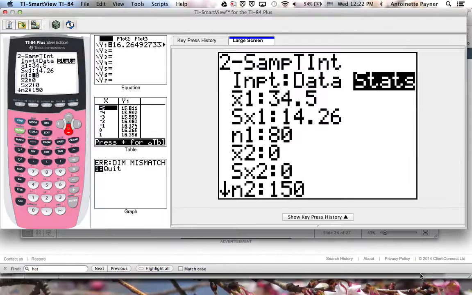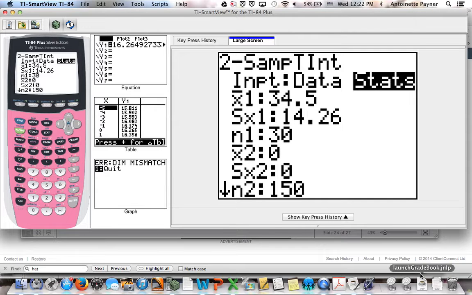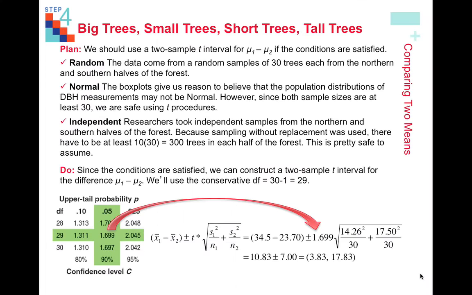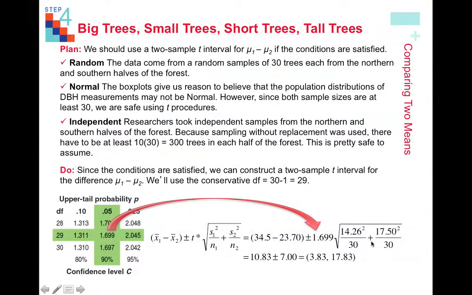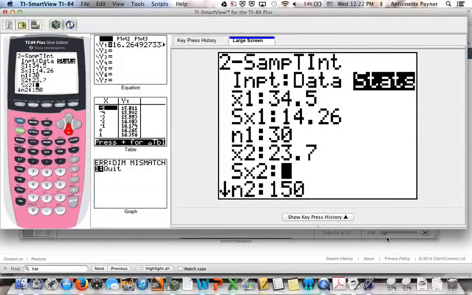The sample size is 30. The x bar for the next one is 23.7. The standard deviation for the next one was 17.5. The sample size is 30.